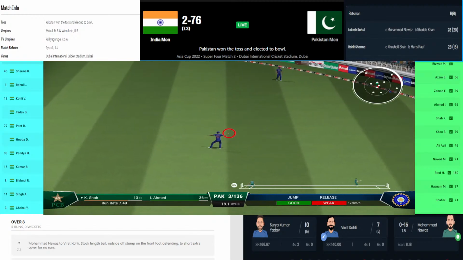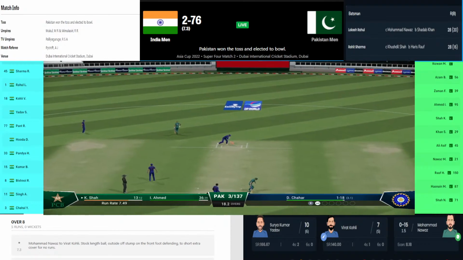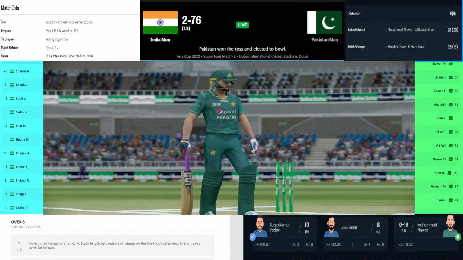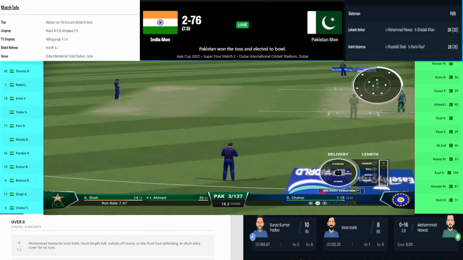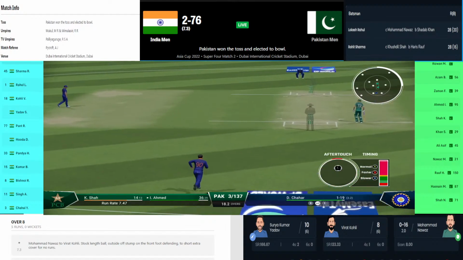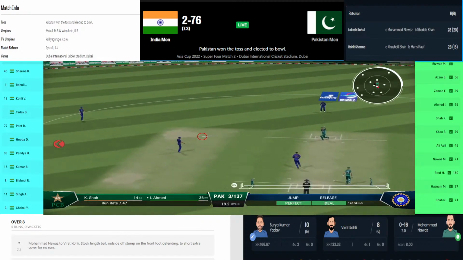This time again, straight to the extra cover for a dot delivery. No runs taken. The score still remains the same. 76 for 2 after 7.4 overs. That's the score of India. And projected score looks 198. That's huge, man. If Indians are able to reach that, then that will be just awesome for them.